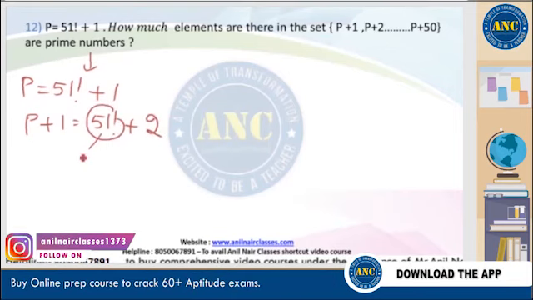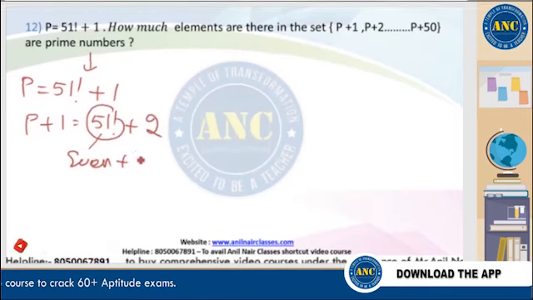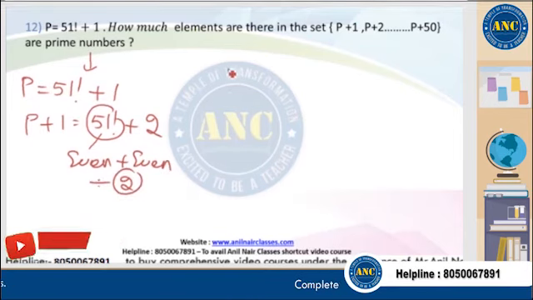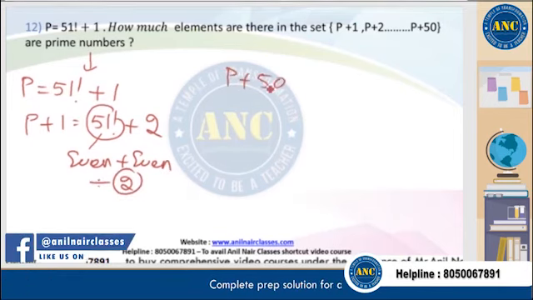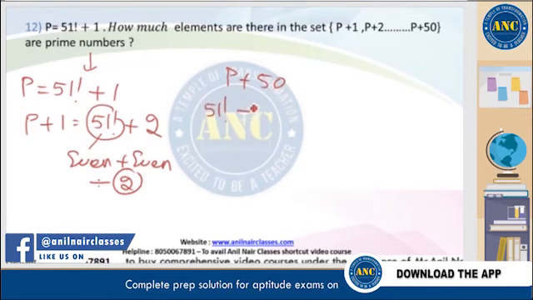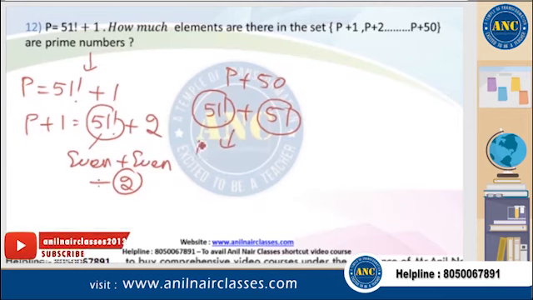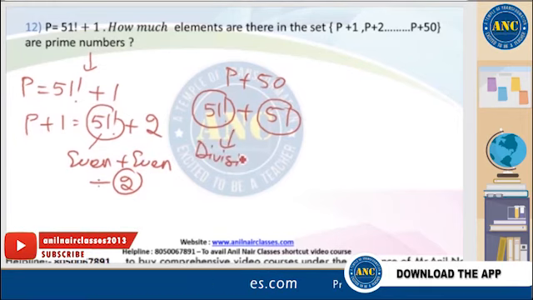This is an even number and this is an even number. Even plus even will be divisible by 2. Similarly, p plus 50 will become 51 factorial plus 51. This is divisible by 3, and this is divisible by 3. The answer will be divisible by 3.